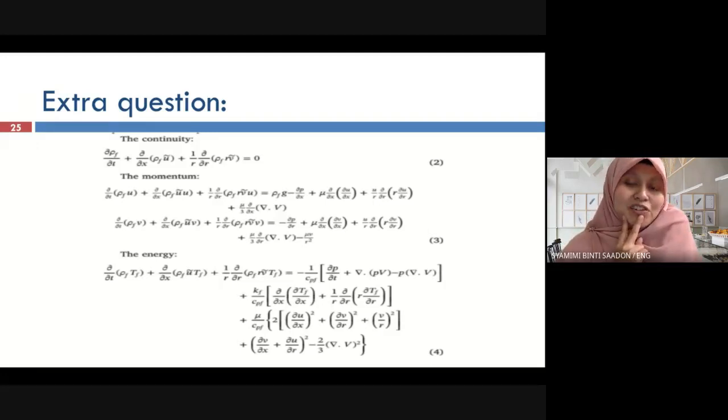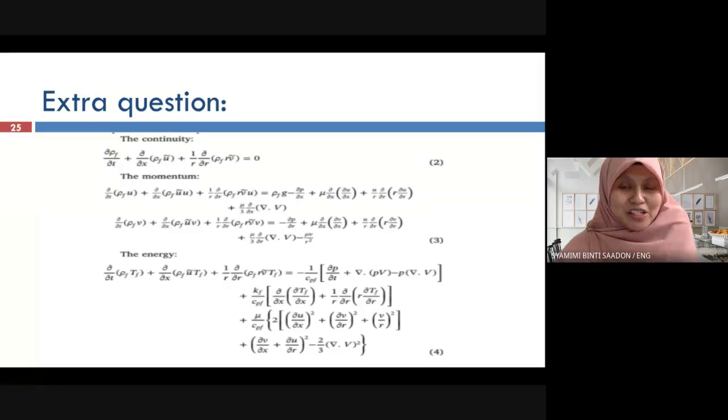You have these three principal conservation equations: conservation of mass, which is the continuity equation, conservation of momentum, and the energy equation. These equations are also called the Navier-Stokes equations, if you have heard about it before.